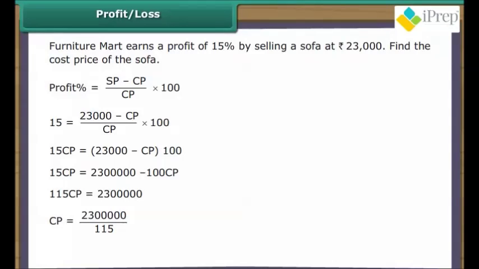CP is equal to 23 lakh upon 115, which equals rupees 20,000. The cost price of the sofa was rupees 20,000.